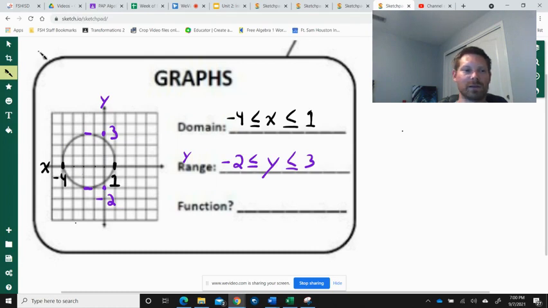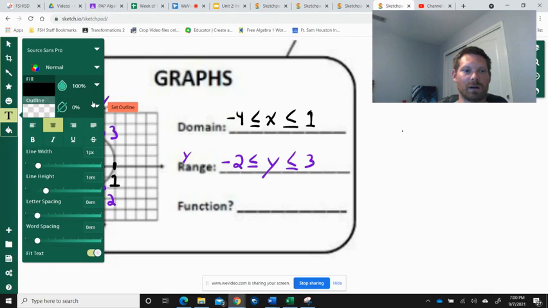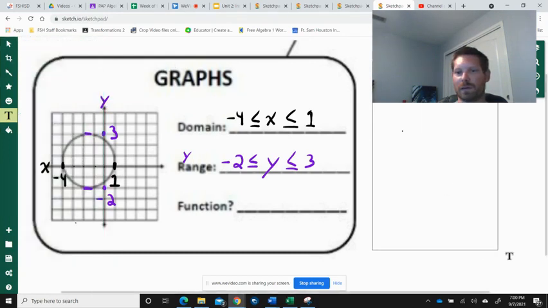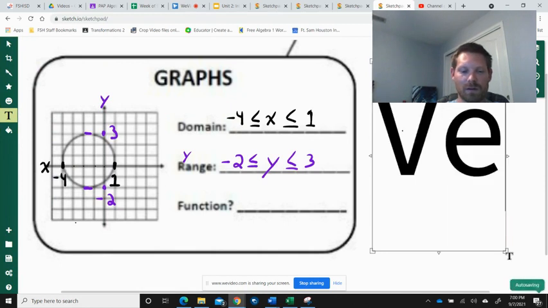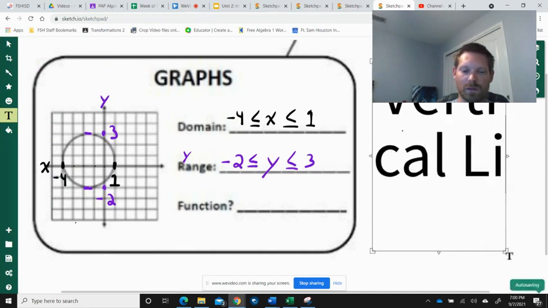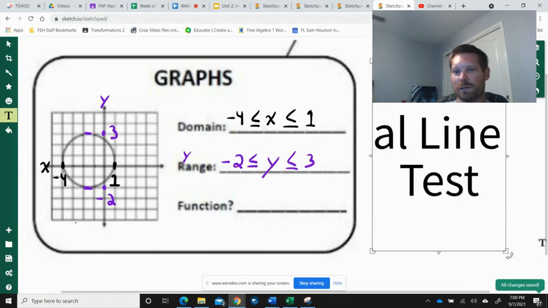Now, to find a function on a graph, maybe some of you have heard of this. Vertical line test.